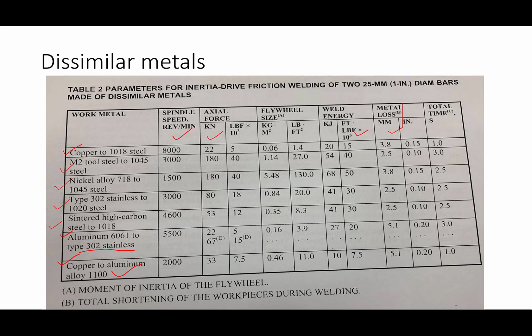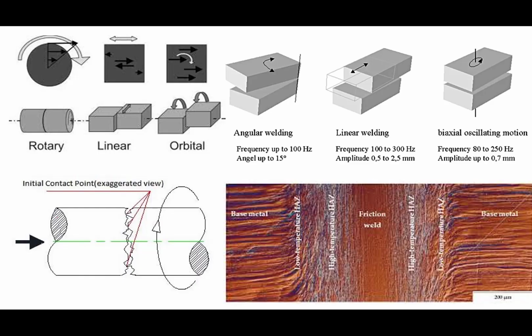The same thing happens in the case of stainless steel. Carbon steel will get softened to a greater extent as compared to stainless steel. So it may experience much more upsetting as compared to the other component. That also has to be kept in mind, how much allowance is to be given for the upsetting purpose.